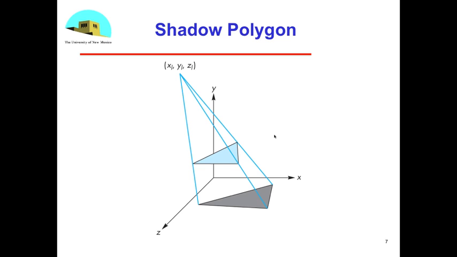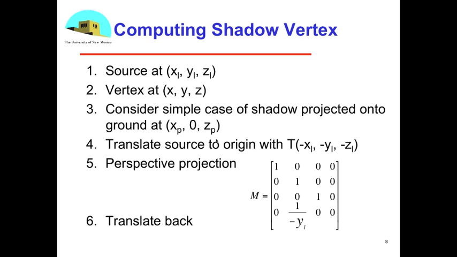Now, notice I would have to do this kind of calculation for every polygon, and I'd have to do it for every light source, because if I had another light source over here, I would cast a shadow polygon over here. But this is eminently doable, so let's look at the process. So what we do is, if the source is at XL, YL, ZL, and one of the vertices of the polygon is at XYZ, we're going to cast the shadow onto this plane XP, 0, ZP, the plane Y equals 0, and I do that by doing a translation.